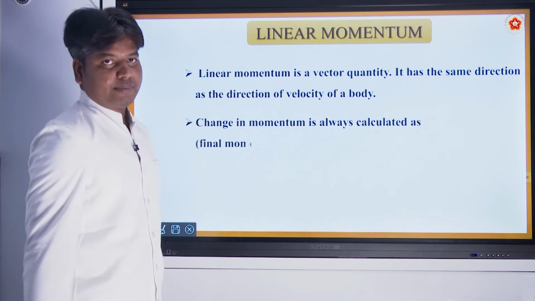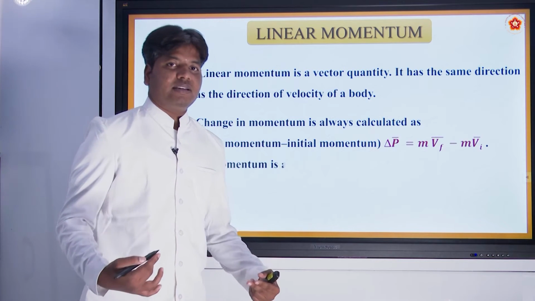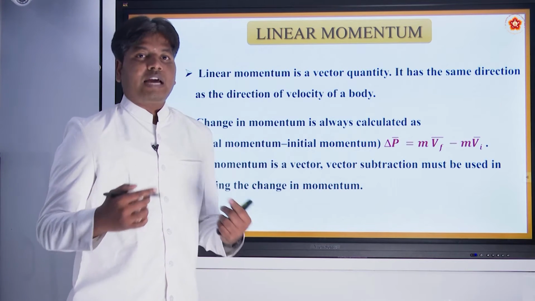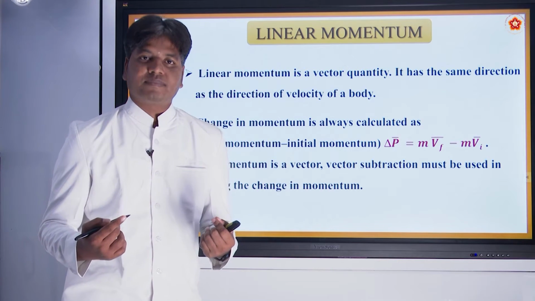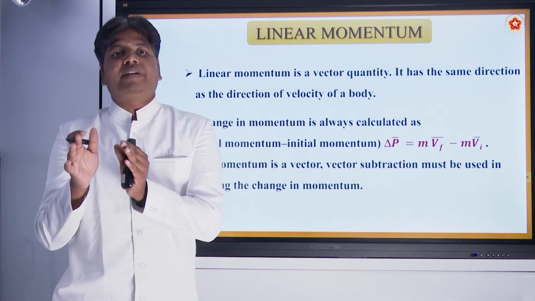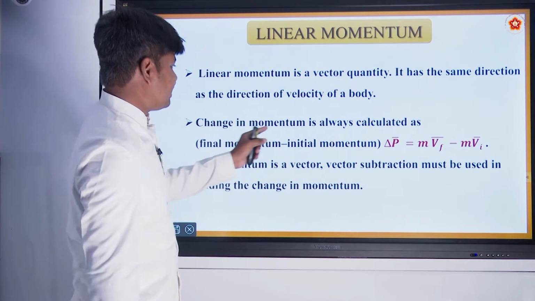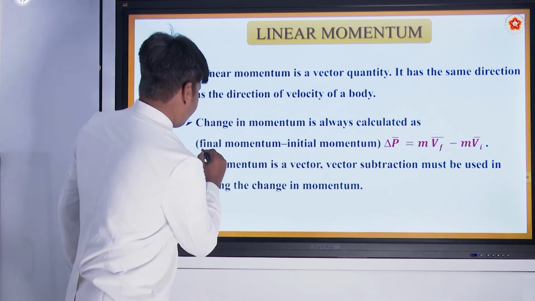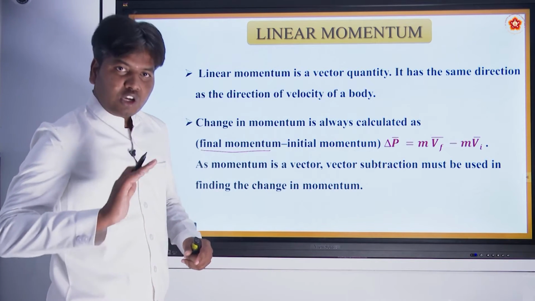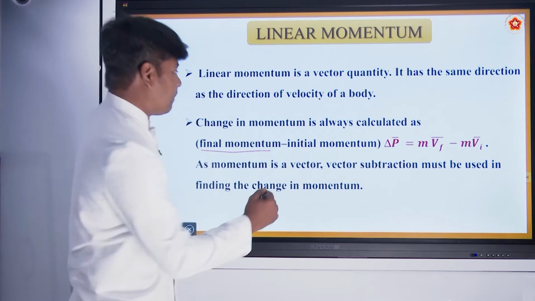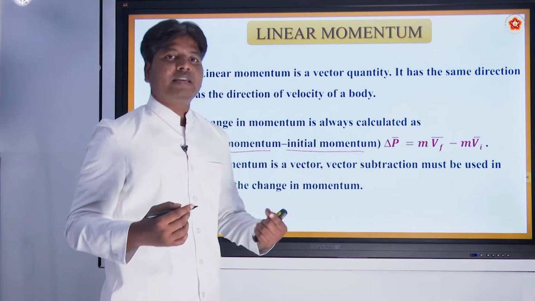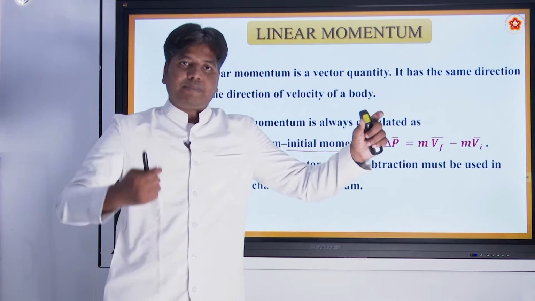Now, change in momentum. If the momentum is changing, an external force is being acted on the system. But how do you measure the change in momentum? It is the final momentum minus the initial momentum. Change in momentum is always calculated as the final momentum, how much momentum it acquired or lost after some time, minus the initial momentum where it started. When you say something has changed, it means the final quantity minus the initial quantity.